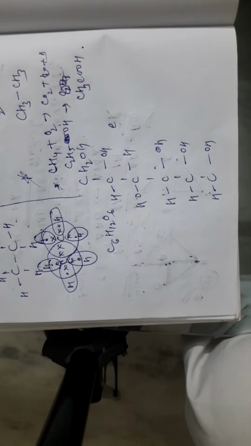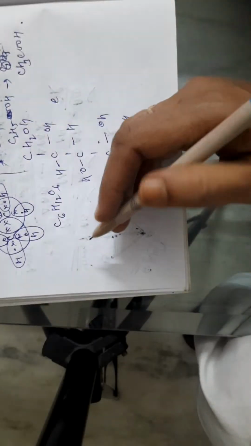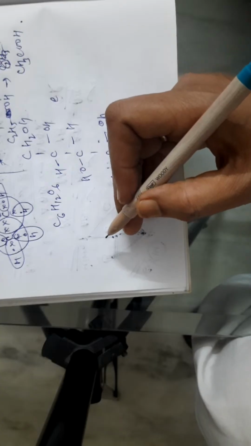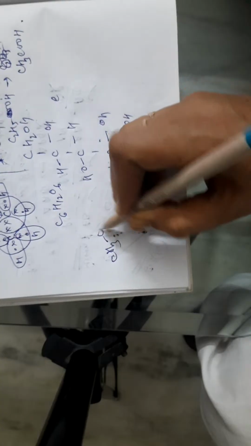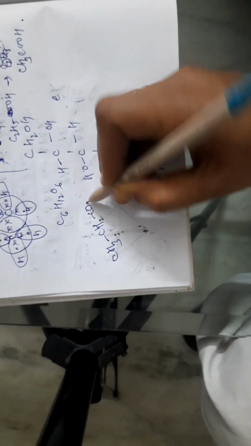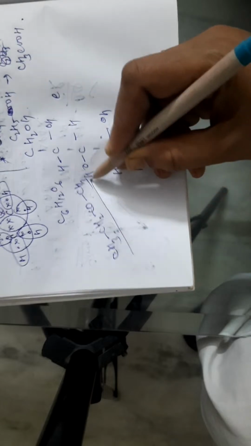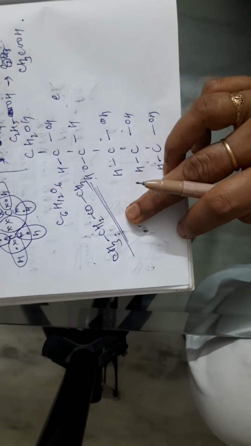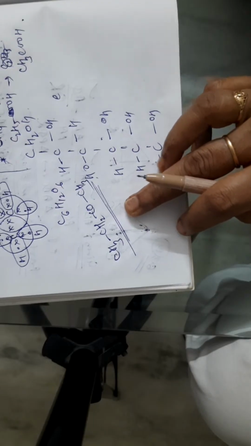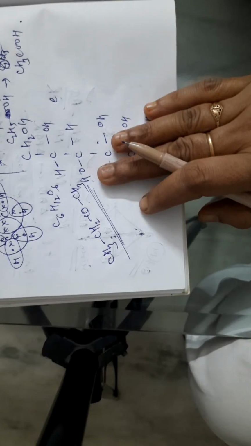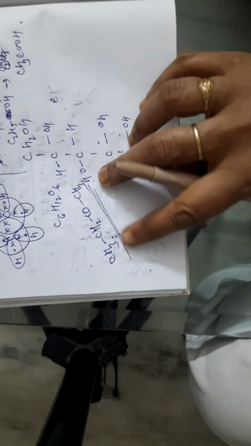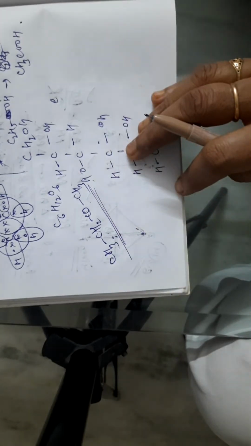Here I'll be giving a few structures, try to name them. Those who can, please comment. CH3, CH2, CO, CH3. Can you name it?